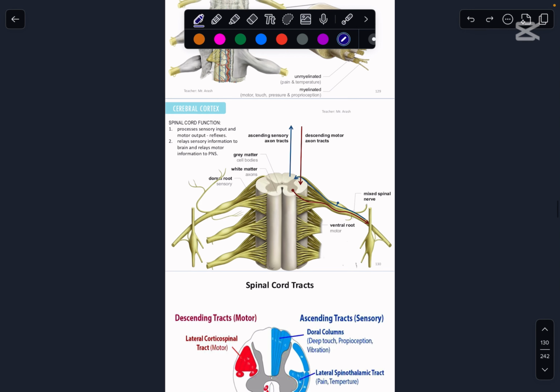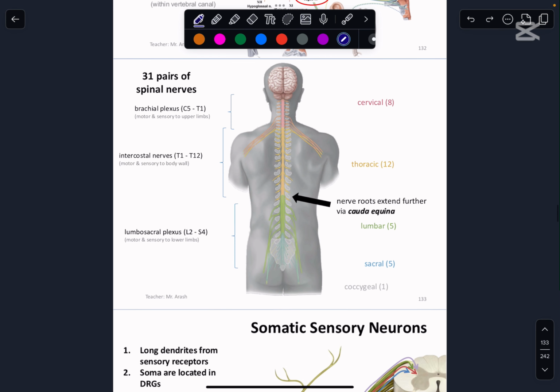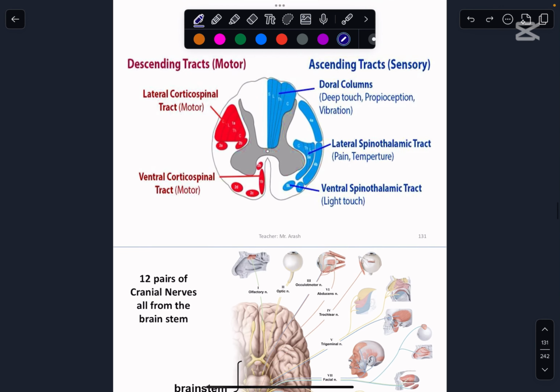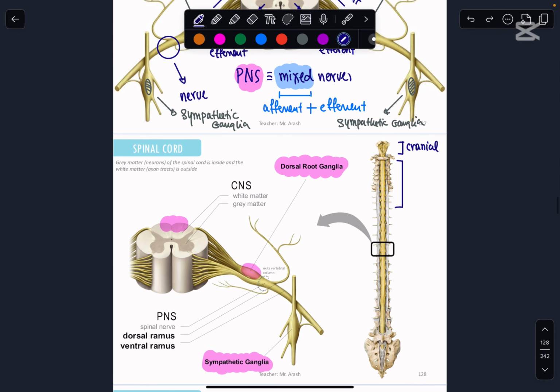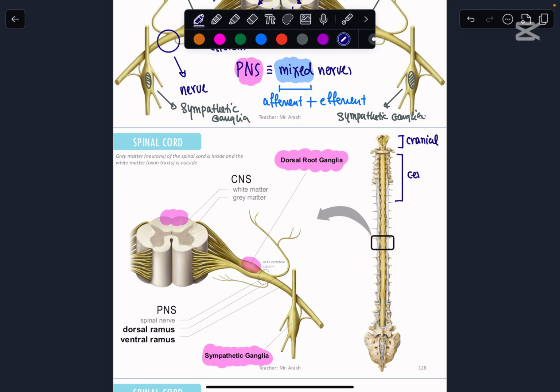I think they have a detailed picture somewhere here, but anyways, this is a rough estimate of the branches. So this is called cervical, and you have thoracic, and you have lumbar, and finally you have sacral, something like that.